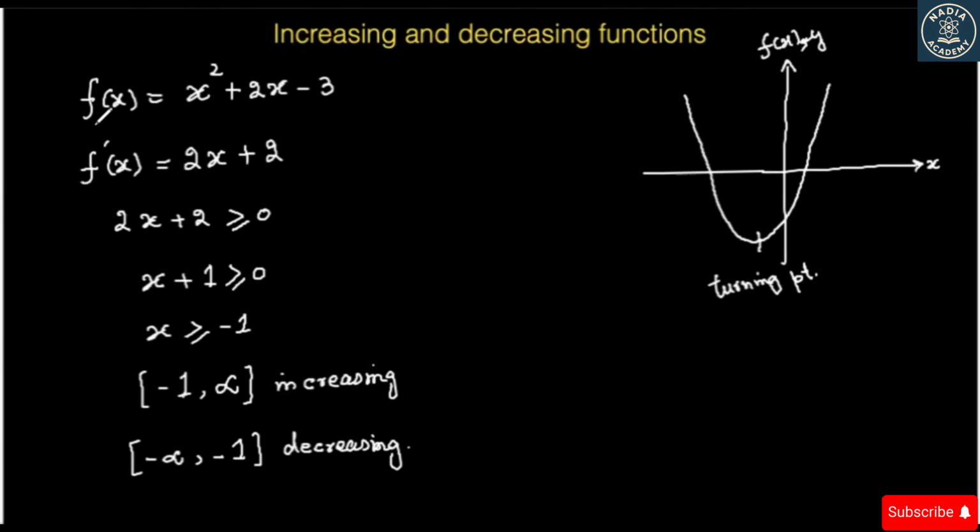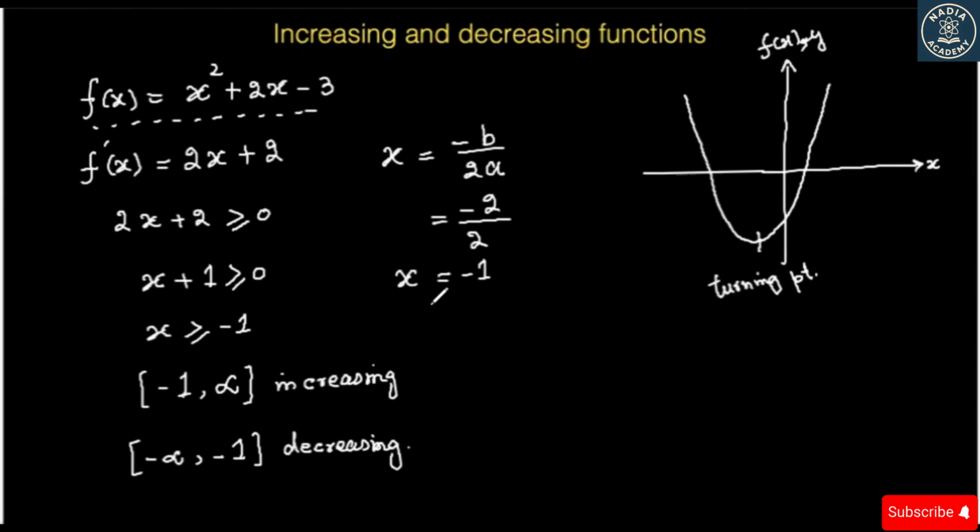Now, we can also test this with the given function, because we know the x value of the turning point: x is equal to minus b over 2a. b is the coefficient of the x variable, that is 2, so we will have -2. a is the coefficient of the x square term, that is 1, so 2 times 1 is 2. -2 divided by 2 is equal to -1.